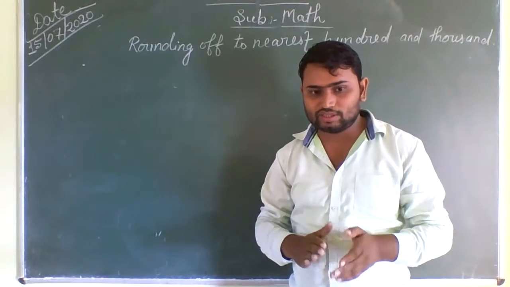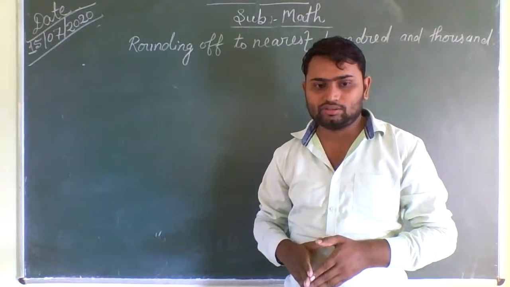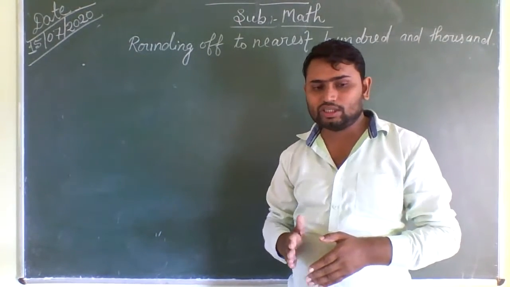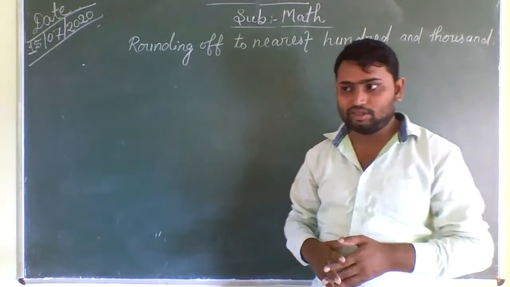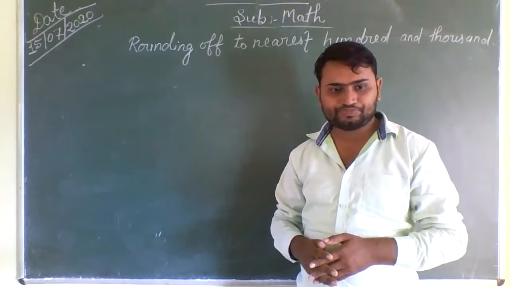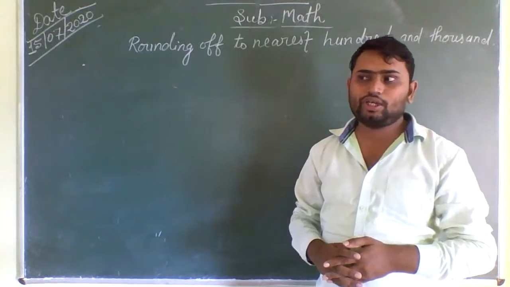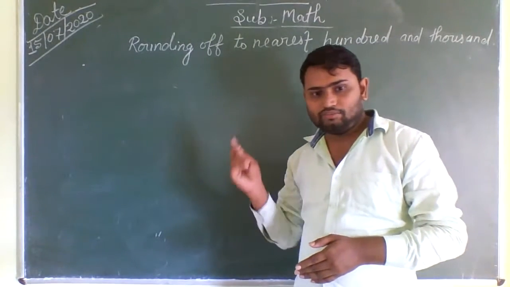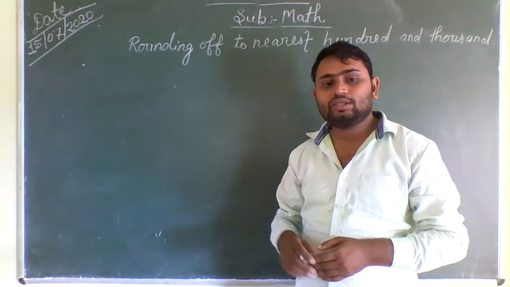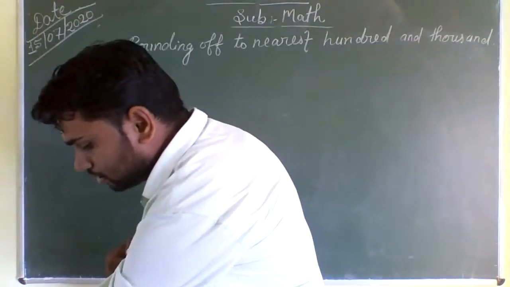It means you will see just behind the hundreds digit, that is, the digit at the tens place. In the third step, you will check whether that digit is less than 5, greater than 5, or equal to 5.